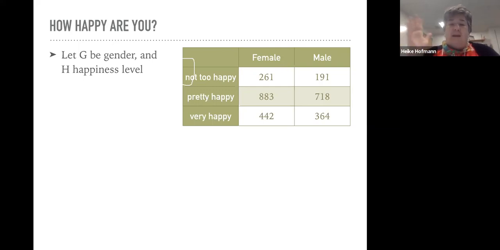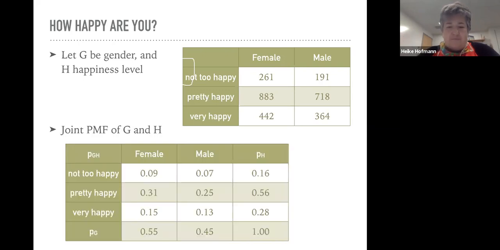And we're looking at the breakdown for the results from the 2016 survey. So we can then come up with a joint probability mass function for G and H by looking at the overall sum of these, by the number of participants overall, and dividing these values by that overall number of participants.